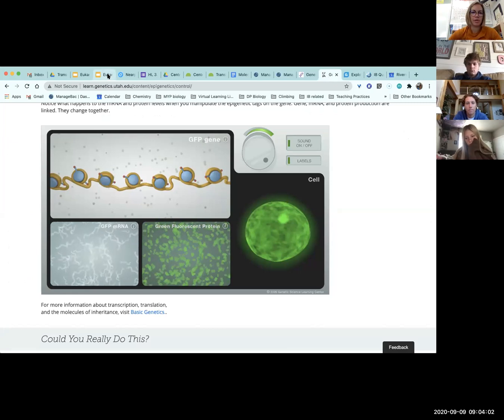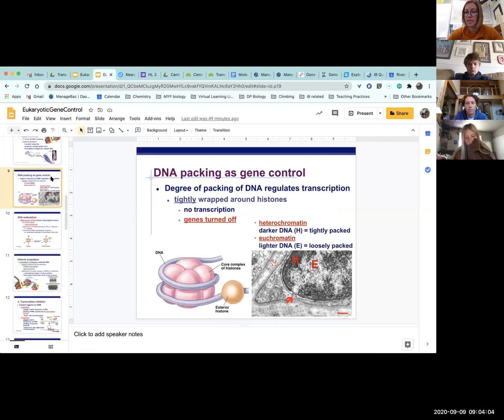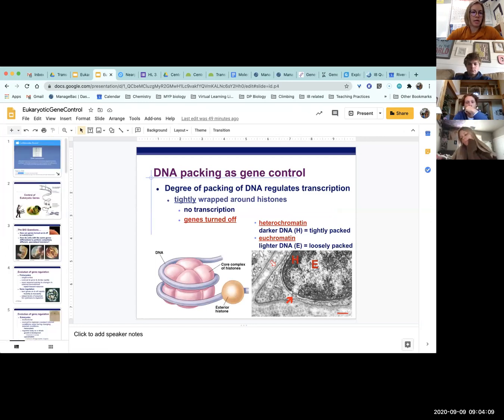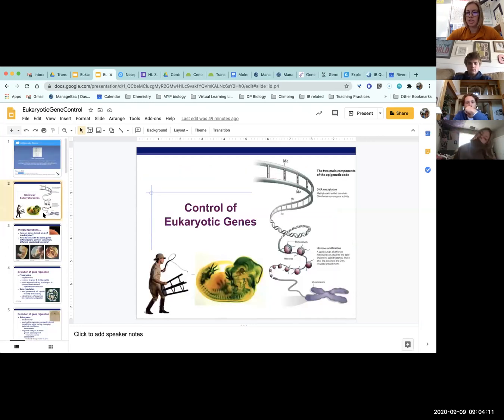If you guys remember from last semester, we took notes over this. This was a document, control of eukaryotic genes, and your notes packet was section 2.6, I believe.